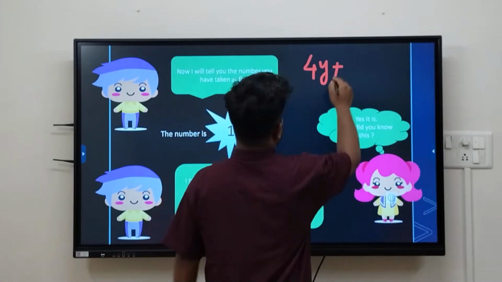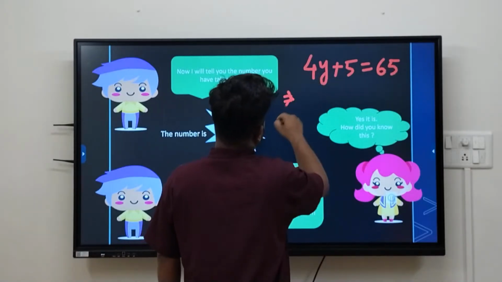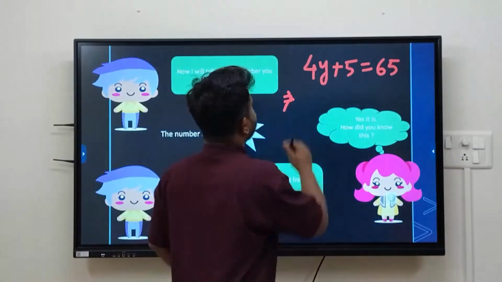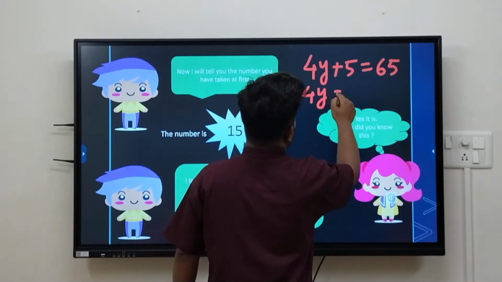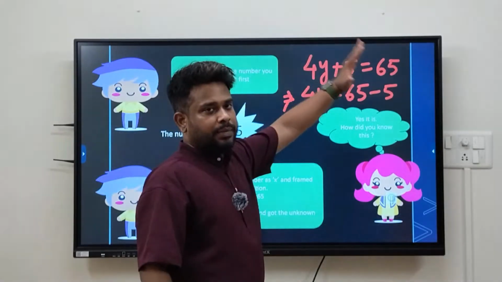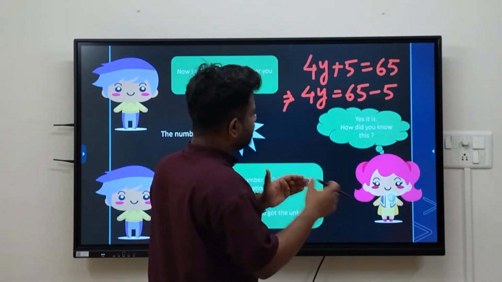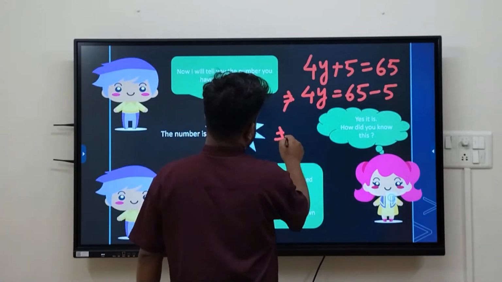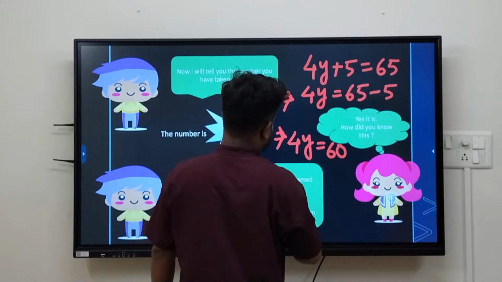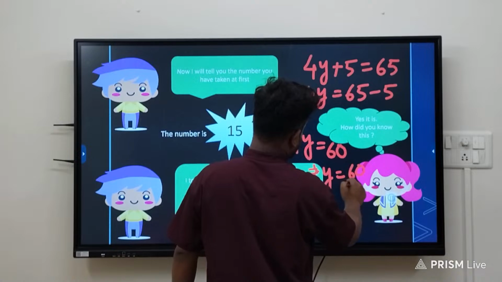I am writing it again: 4y plus 5 equals 65. Simplifying, 4y equals 65 minus 5, because in the transposition method the plus sign becomes a minus sign after going to the opposite side. So the answer will be 4y equals 60. It implies that y equals 60 by 4.